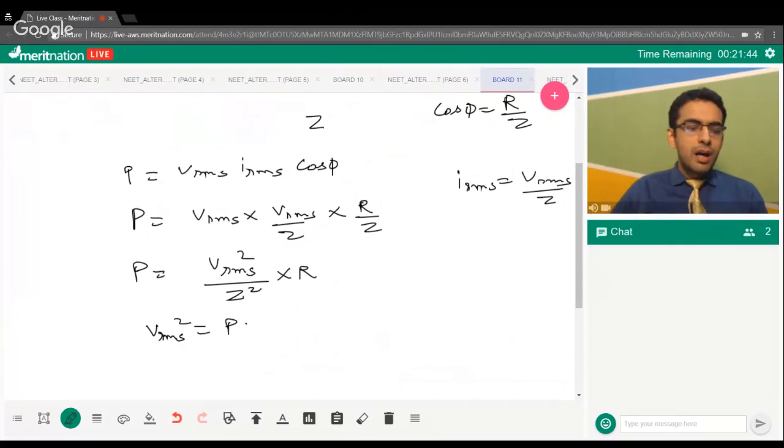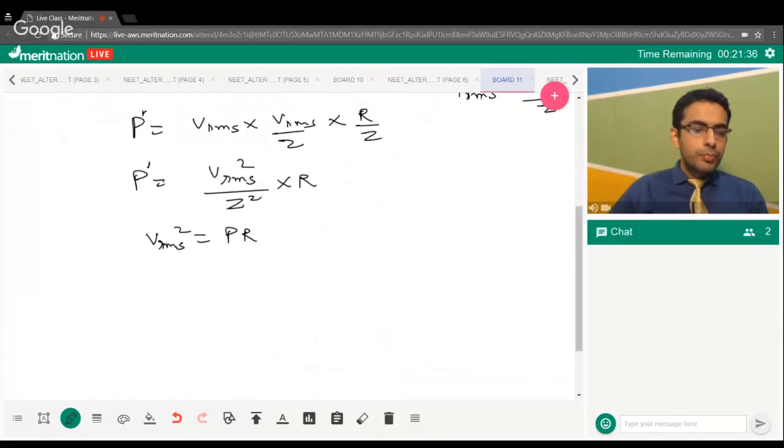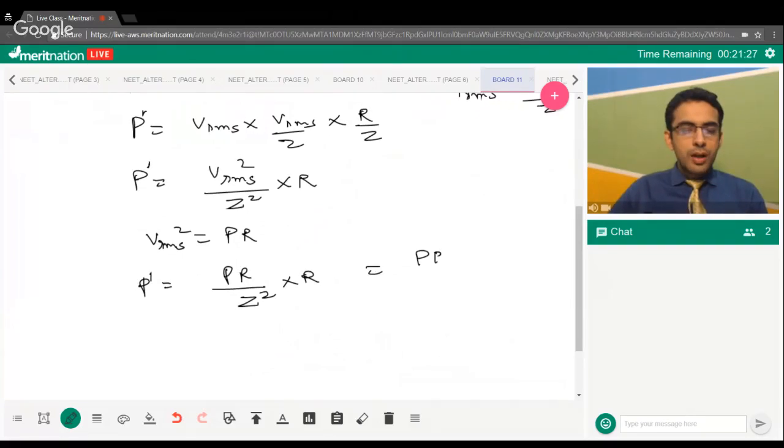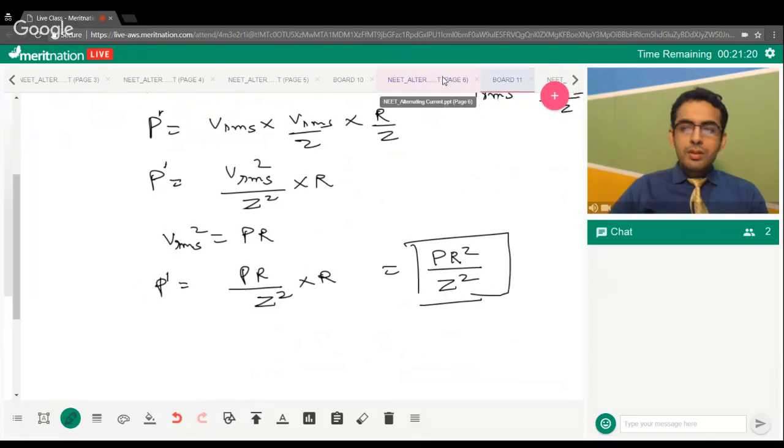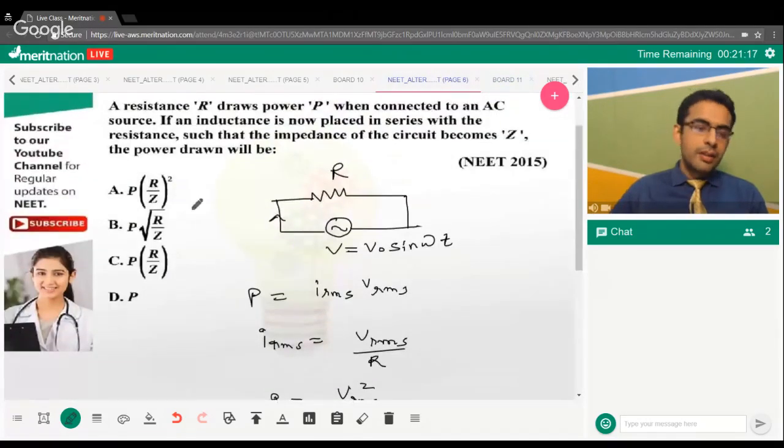Let's say the power is P dash here. So P dash is equal to PR divided by Z square into capital R. So this becomes P R square over Z square. This is the final answer for the given question. Obviously the answer A is the correct answer.